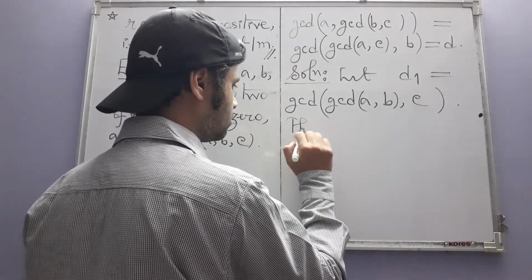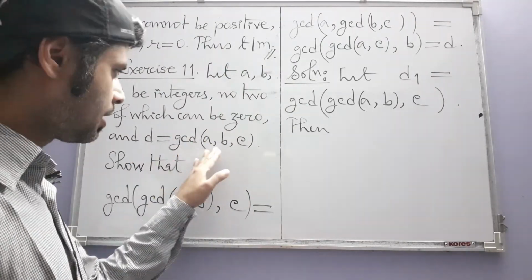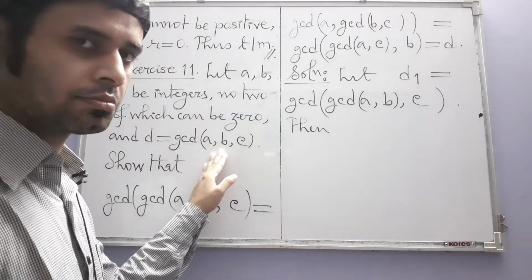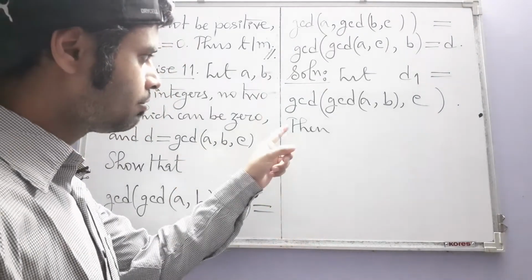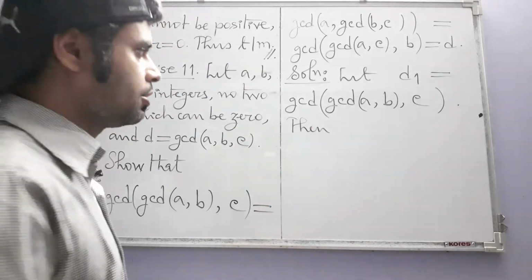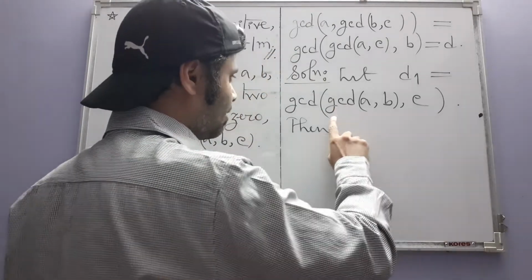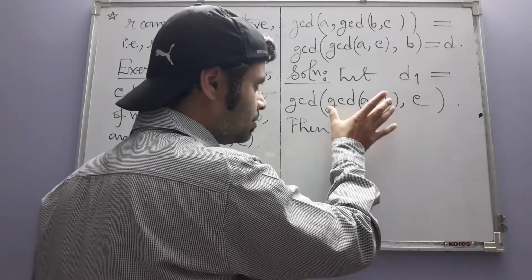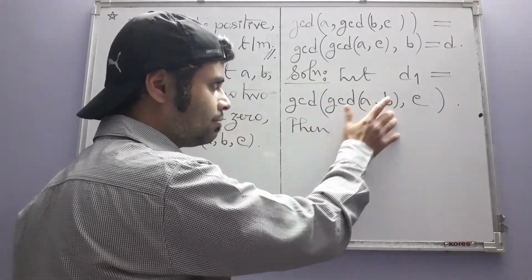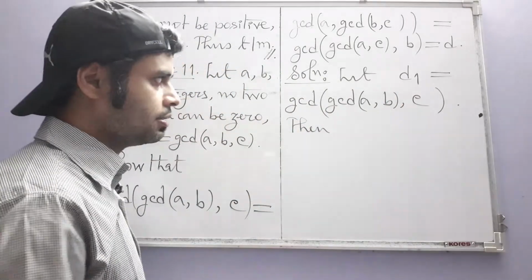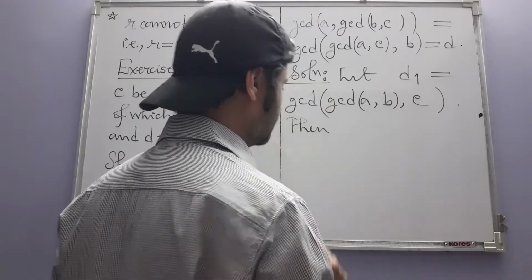Then note one thing, that this GCD, that is our D, which is given in the problem itself, is by the definition of GCD of 3 integers. However, here we have ordinary GCD because after all, GCD of A and B is itself an integer, and in fact it's a positive integer, and we have C. So this is their ordinary GCD, I mean the outer one. So here we are dealing with ordinary GCD of 2 integers.